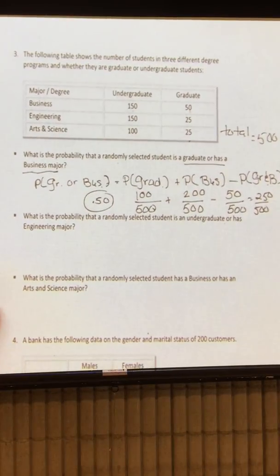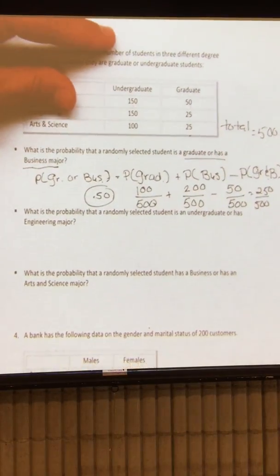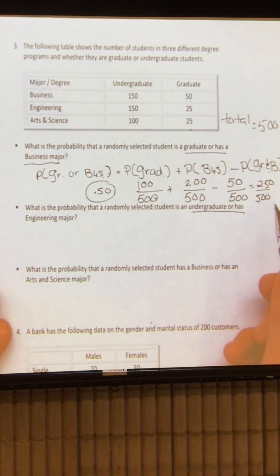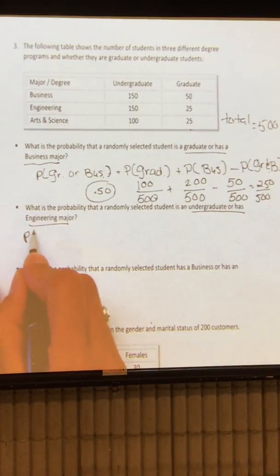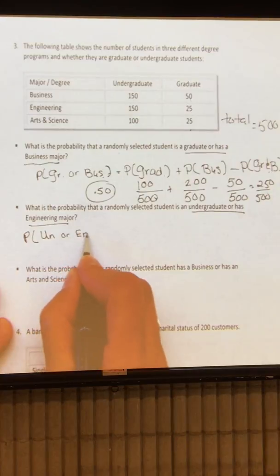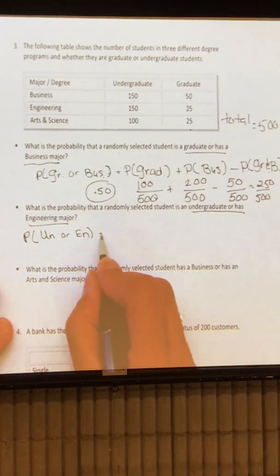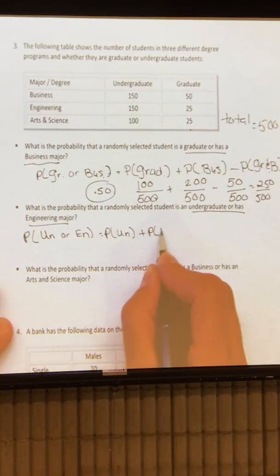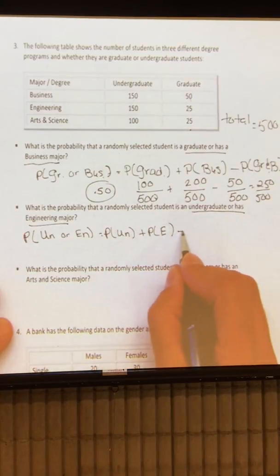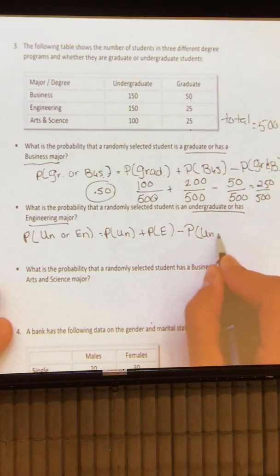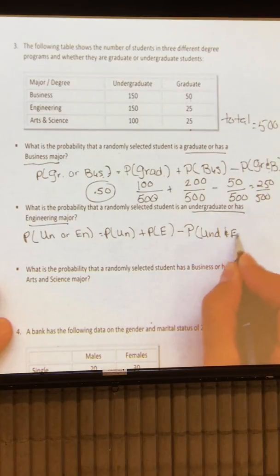The next one, what is the probability that a randomly selected student is an undergraduate or has an engineering major? So the probability of undergraduate or engineering is the probability of undergraduate plus the probability of engineering minus both undergraduate and engineering.